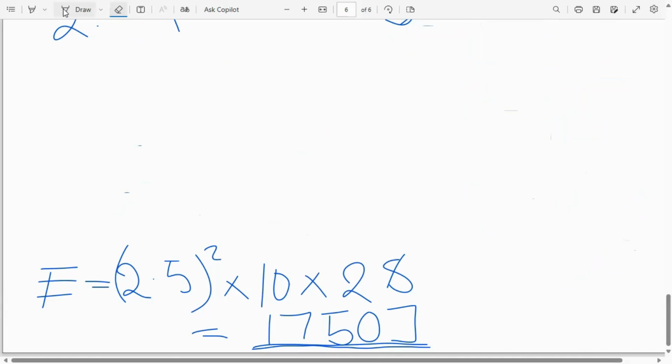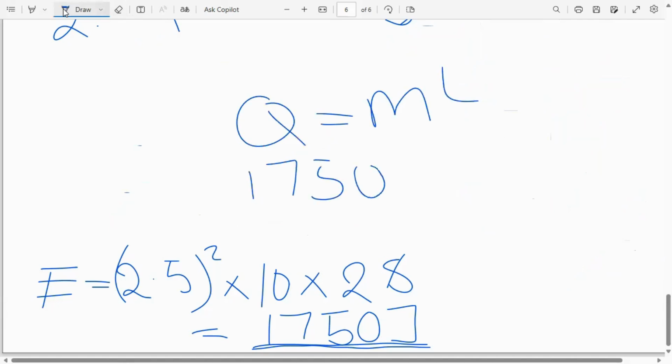I'll bring my formula now, which was saying Q is equal to ML. So Q is 1750. What is the mass?